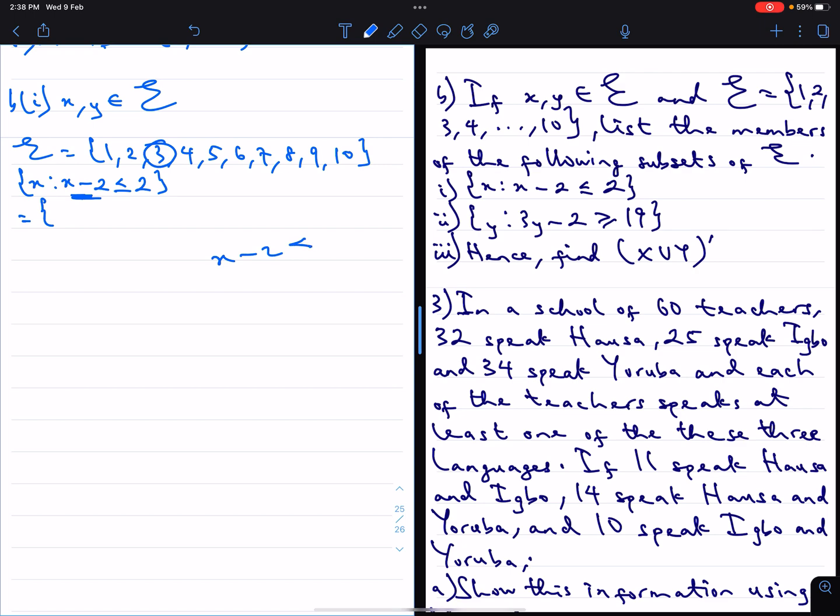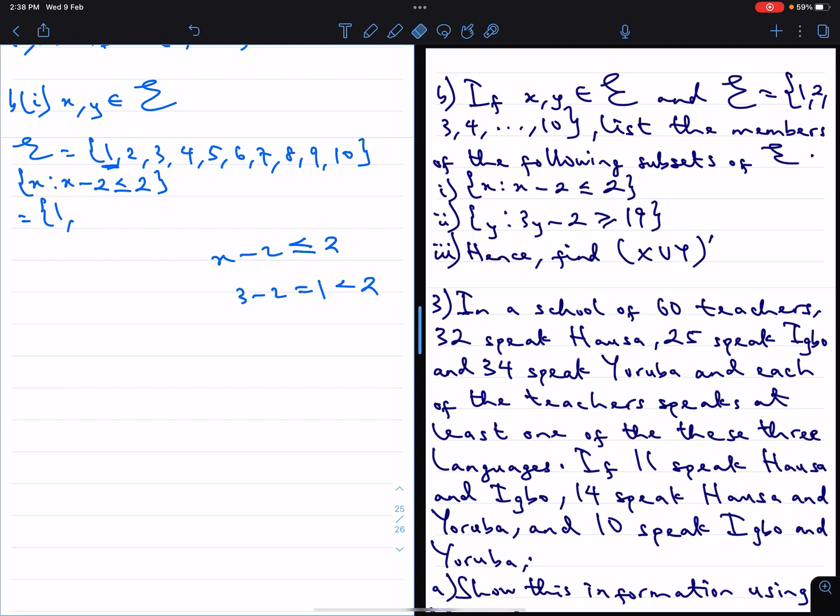If it is less than or equal to 2, then that element is going to be a member of the set X. So 3 minus 2 is 1, and 1 is less than 2, and this 1 is a member of the universal set, and that means 1 is a member of the set X.